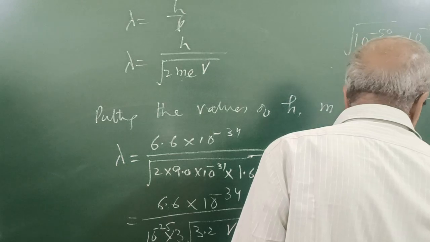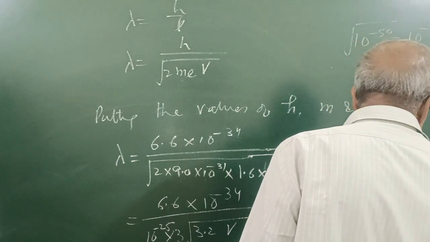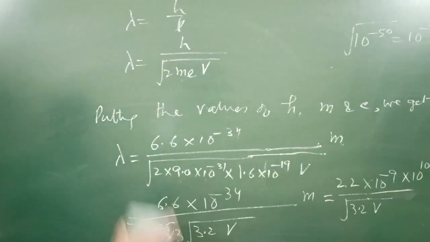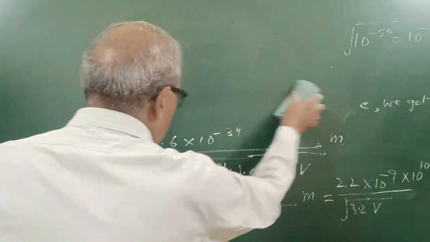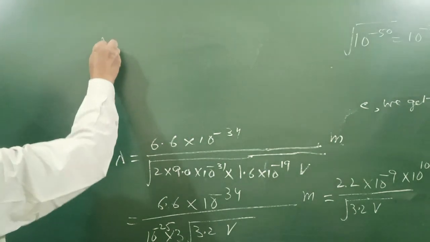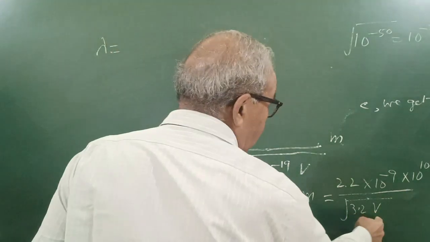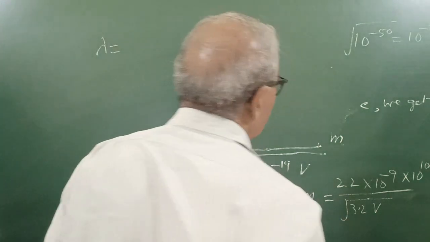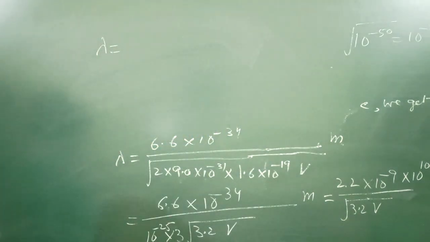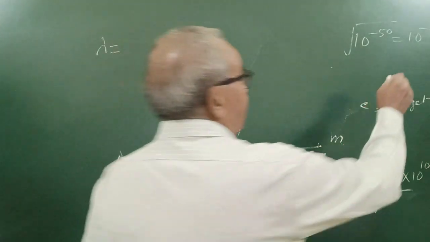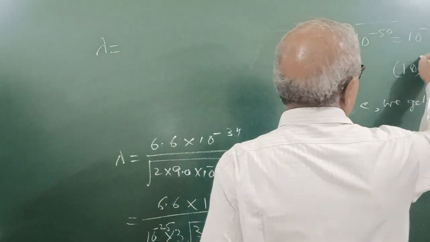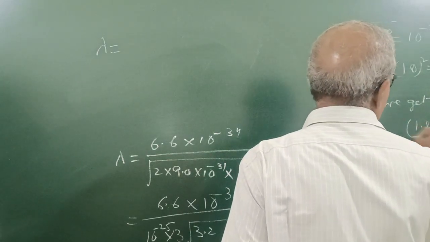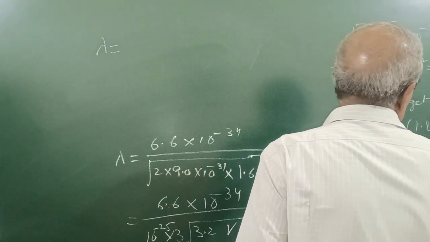Convert into angstrom, 10 to the power 10 angstrom. So it comes out to be equal to lambda; I have not put the voltage value yet. 1.8 square is 3.24, please remember 18 square is 324.